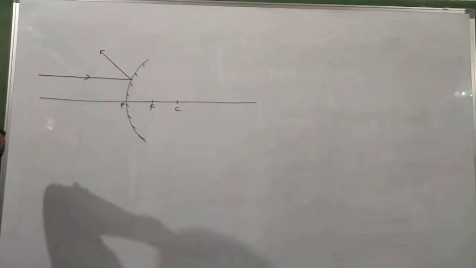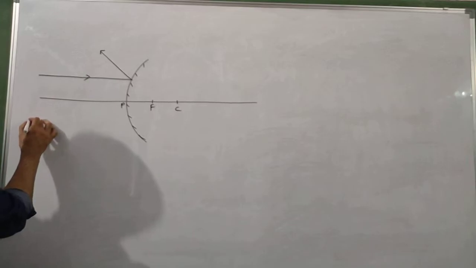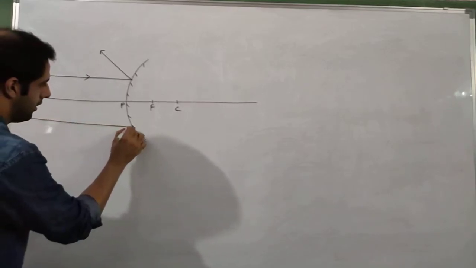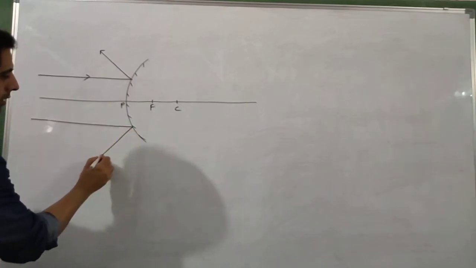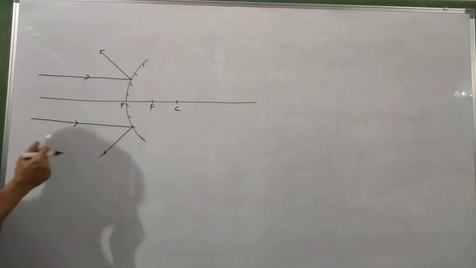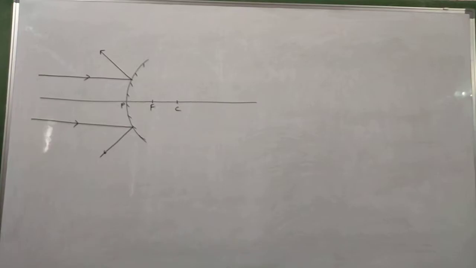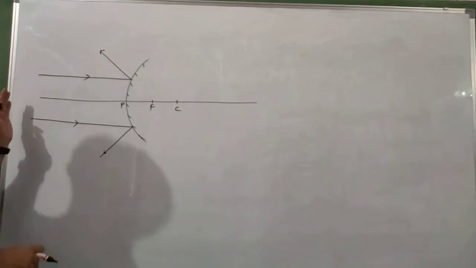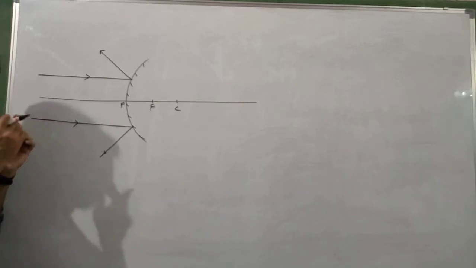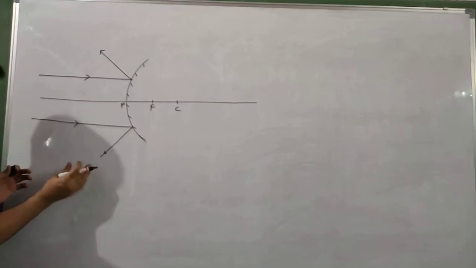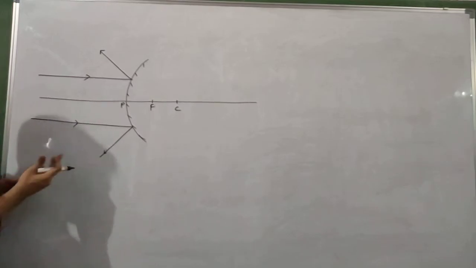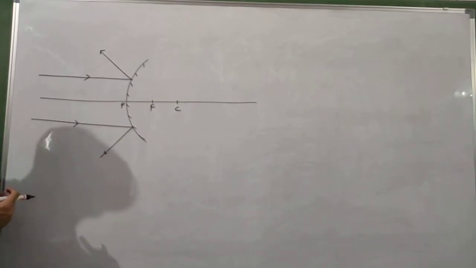It is not passing through the focus. Similarly, if another ray, again parallel to the principal axis, comes, it will be reflected like this. So none of the rays are passing through the focus. But if we are looking at the mirror from this side, from where I am standing, and I notice this ray, then what will it seem to me?